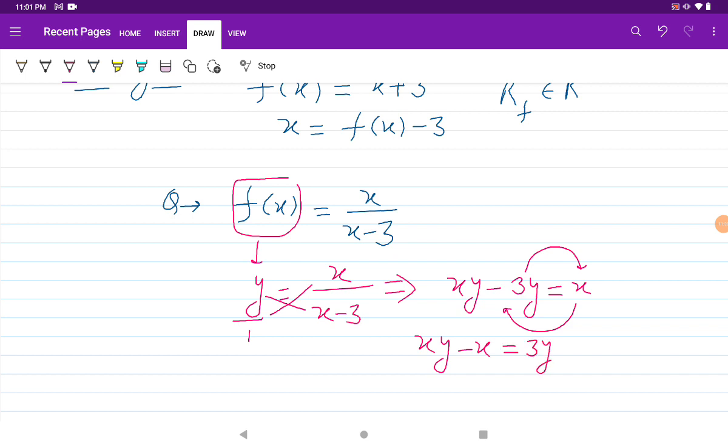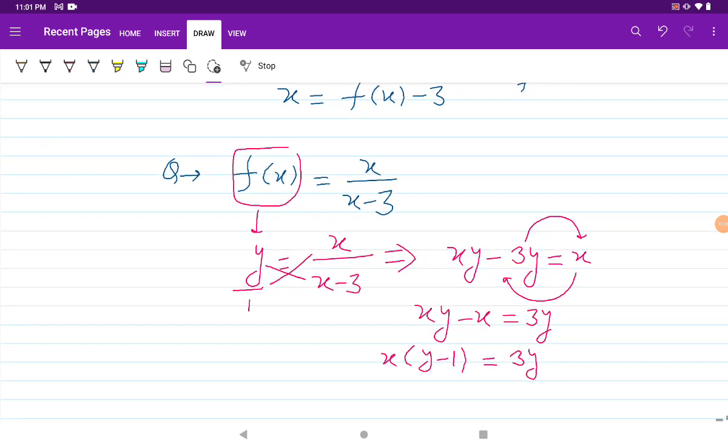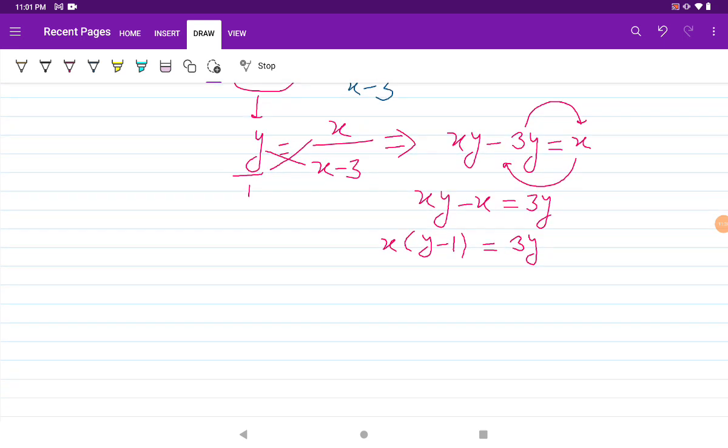Now you can factor out x from the left hand side, so it becomes x(y − 1) = 3y. If I ask you x is equal to what? Just divide both sides by y − 1. So x = 3y over (y − 1).